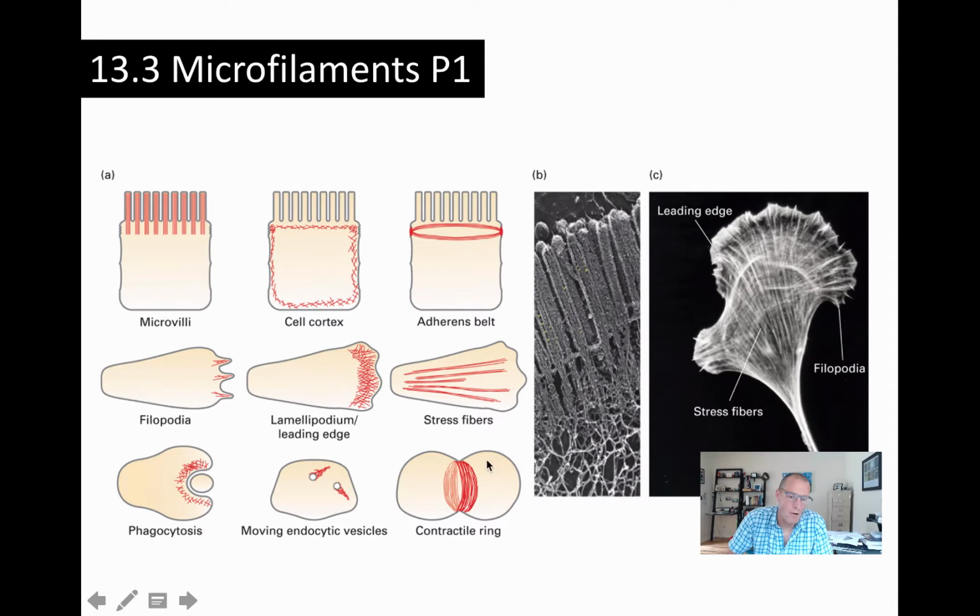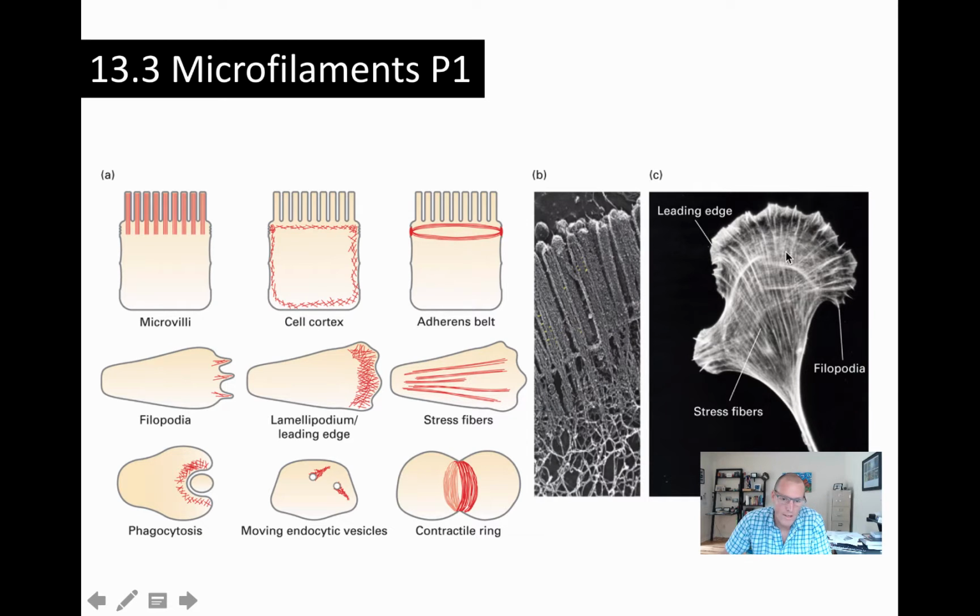Now in the diagram here, it looks like this ring is on the outside when it's actually just on the inside of the plasma membrane. So here are some microvilli. These are the kinds of villi that you find on the surface of intestinal cells, and inside those villi you have tightly packed bundles of actin, and then down here there's a looser network of gel-like actin.